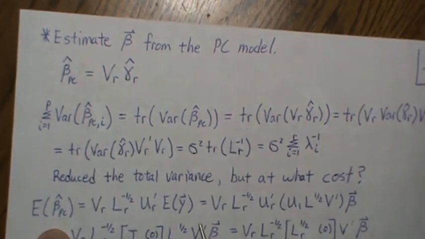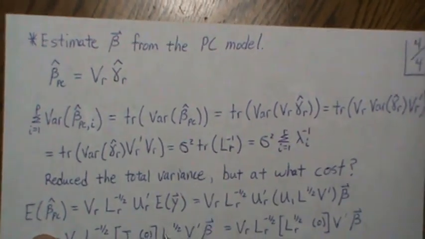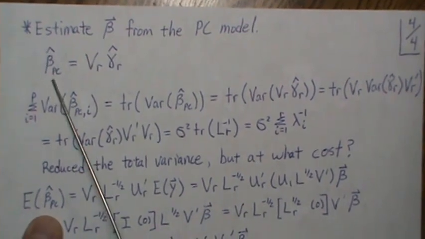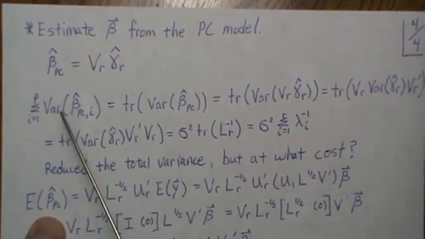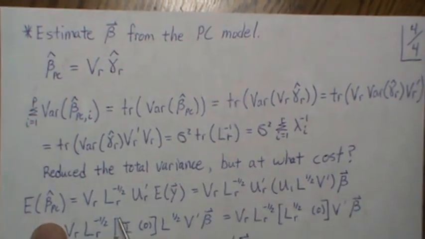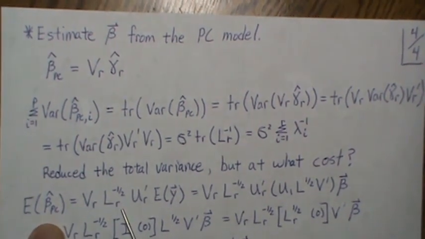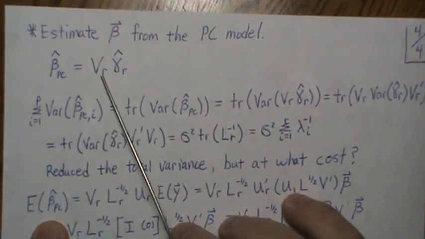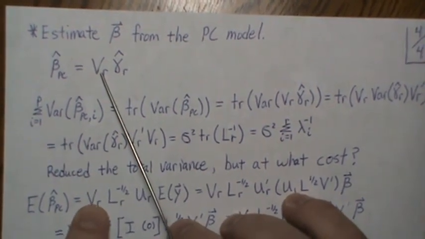But let's calculate the bias, and this is the last thing we're going to do in this video. So the mean of the principal components estimates is this. Here we have VR.